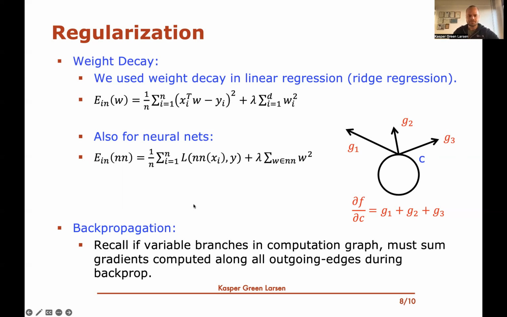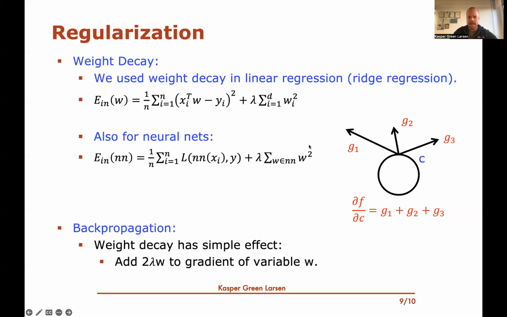Which basically means that we can just compute the gradients that we did before for this first part of the loss function, the one that we already know how to deal with. And then we should just add the contribution from the weight decay terms to all the partial derivatives.